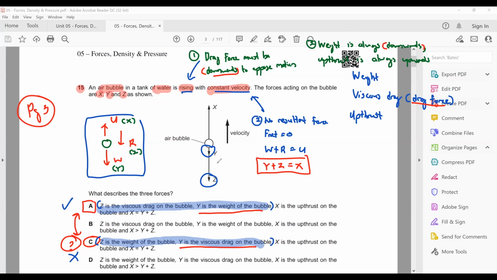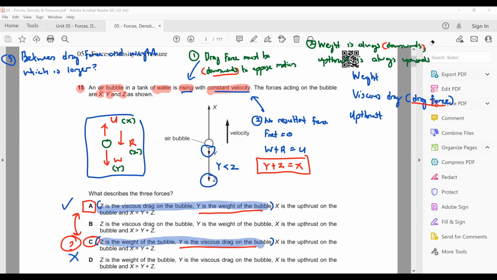Y is actually less than Z. Okay, so if I ask you right now, between drag force and weight, which one should be larger? Isn't it the same? No, it will not be the same.